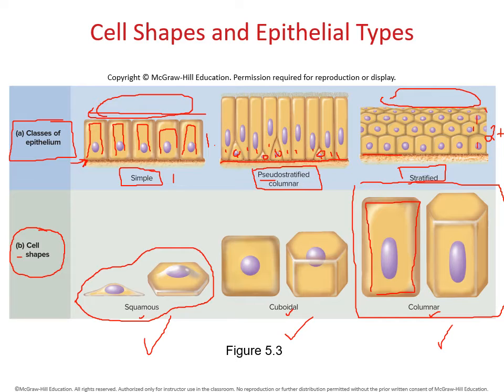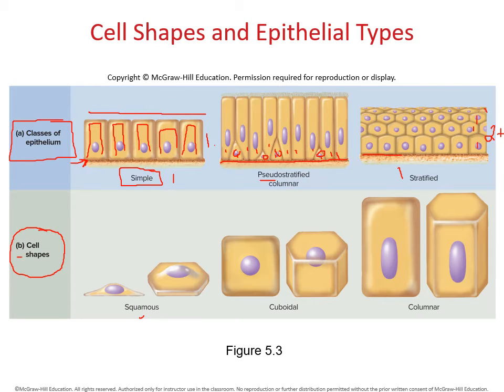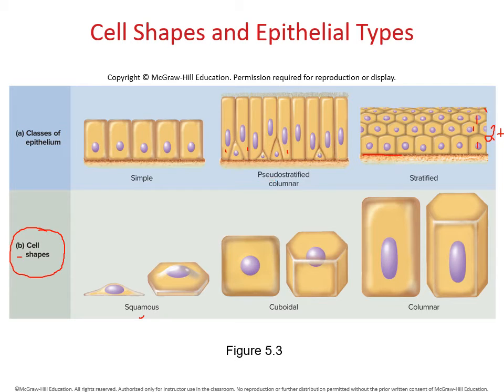So now that you have become, hopefully, somewhat familiar with the individual shapes of the cells as well as their arrangement, we're going to go ahead and combine those two features so that we can name our different epitheliums, because the name of the epithelium tissue will tell you its shape as well as its arrangement. So for instance, if I come back here, I'm trying to erase some of this so we can have a clear picture again.